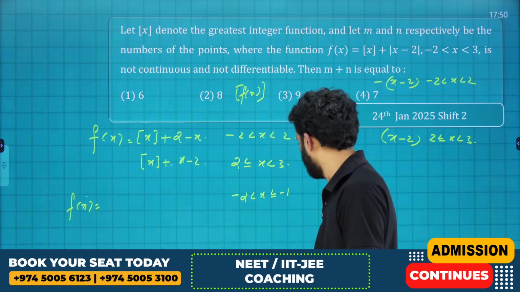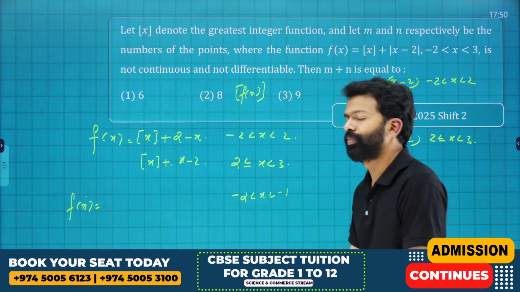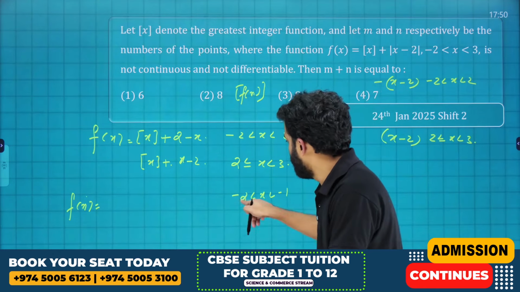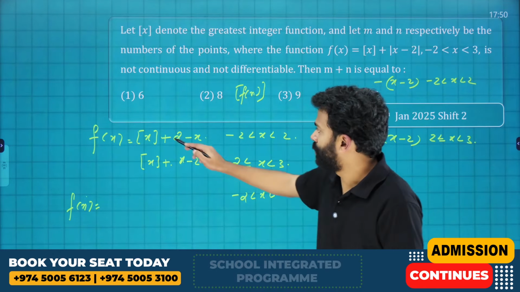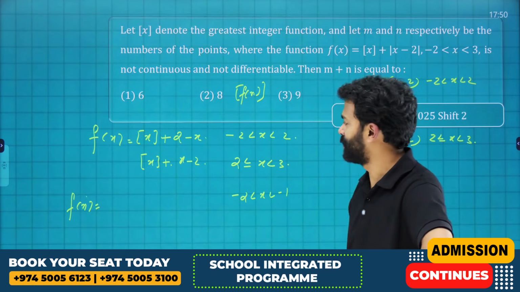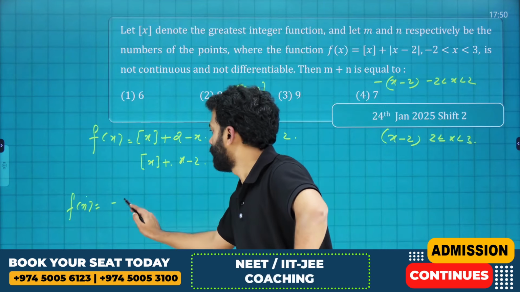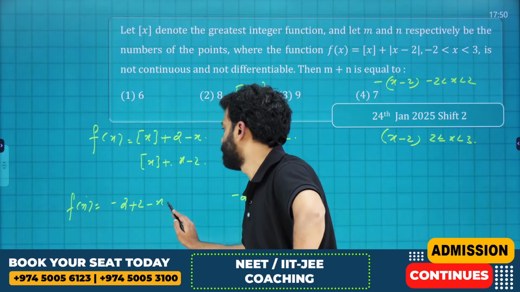Between minus 2 and minus 1, what is the value of box x? It is minus 2, that is minus 2 plus 2 minus x.